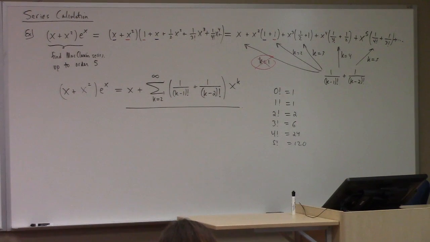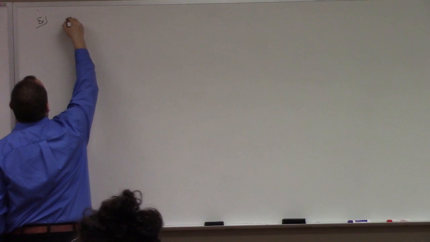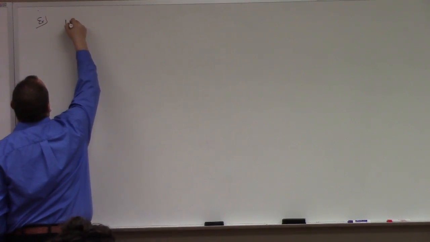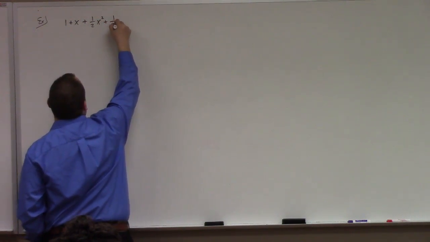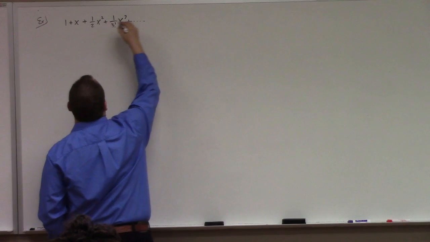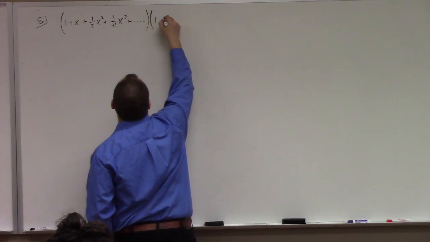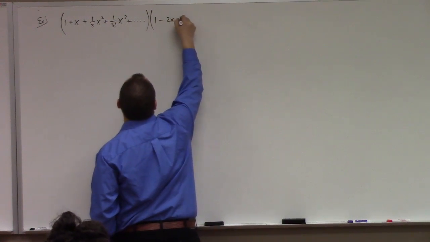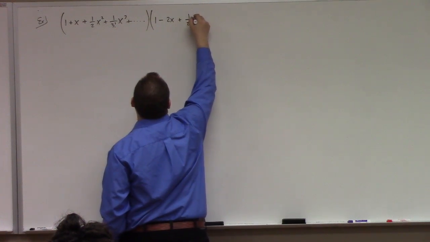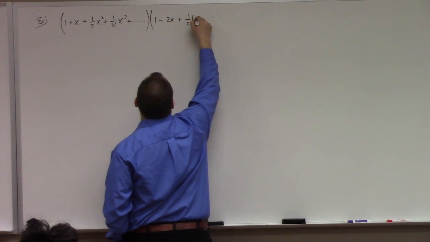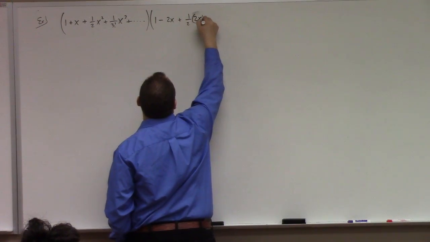All right, so here we go. Another example. What if we have 1 plus x plus 1/2 x squared plus 1 over 3 factorial x cubed plus dot, dot, dot, and multiply that by 1 minus 2x plus 1 over 2 times 2x quantity squared.